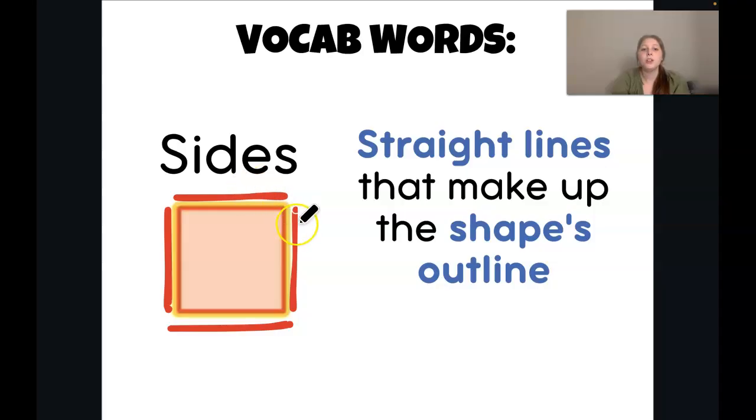I have 1, 2, 3, 4 sides that make up a square. A great way to remember sides is showing sides with our arms, making straight lines. Ready? 1, 2, 3, sides. Good job. These are our sides. We're making straight lines with our arms to make sides.